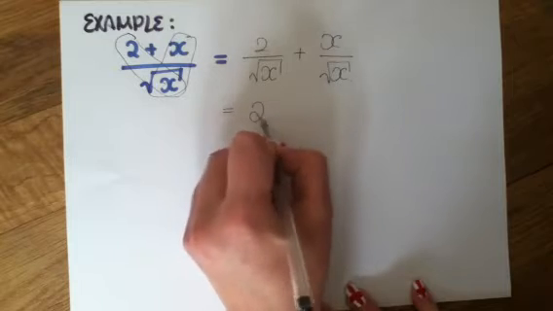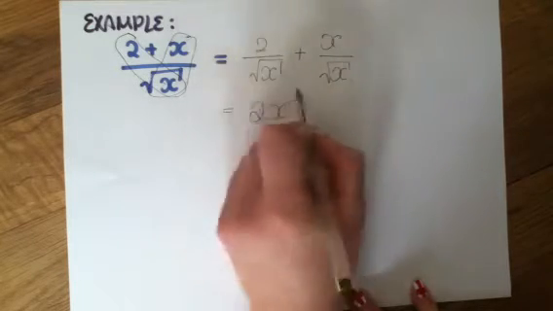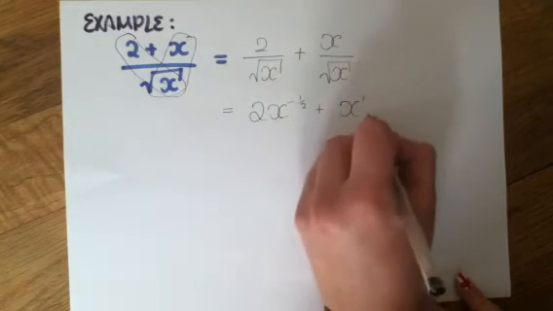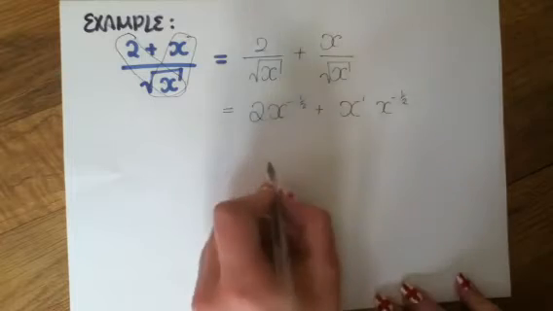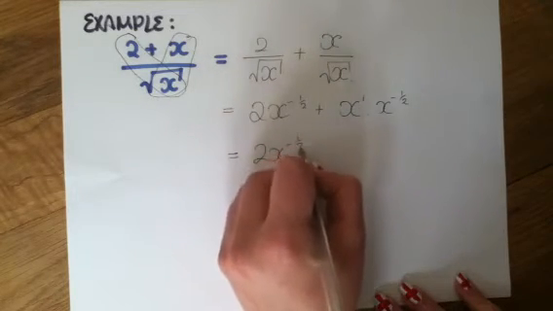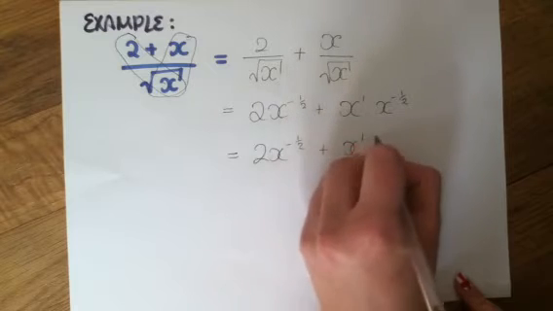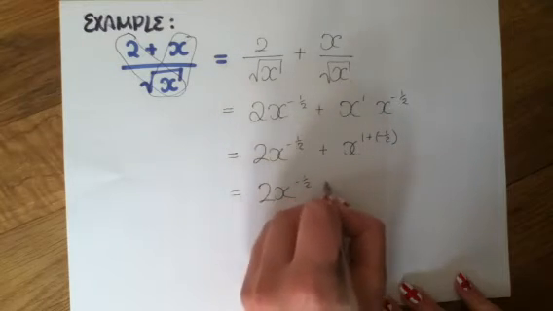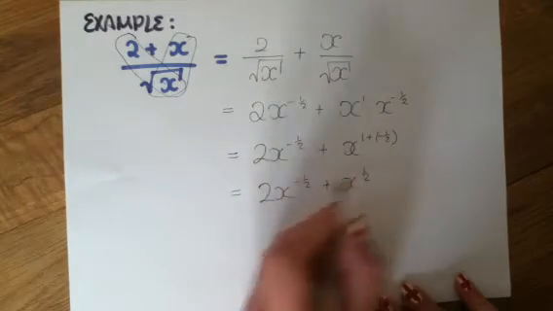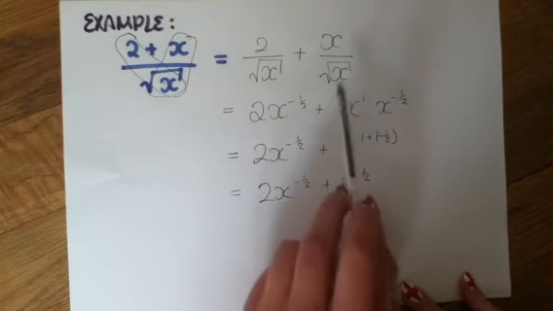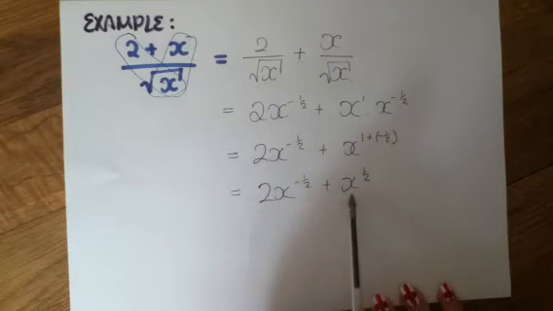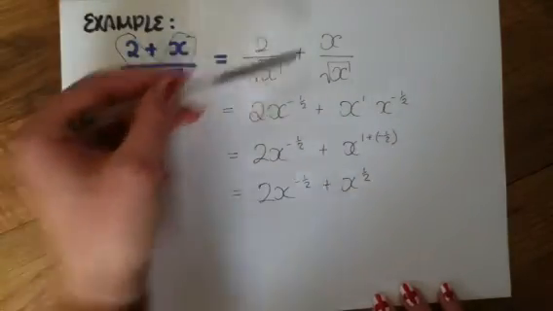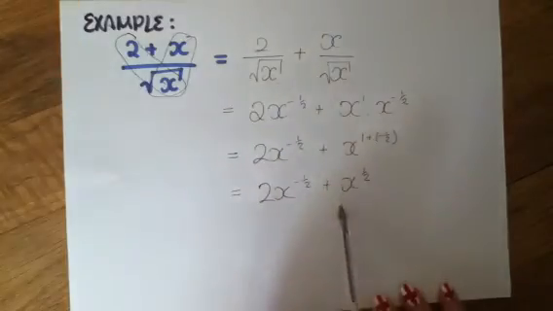And this is equal to 2x to the minus half plus x to the 1 times x to the minus 1 half, which is 2x to the minus 1 half plus x to the 1 plus minus 1 half, which is of course 2x to the minus a half plus x to the half. If any of this was confusing, check out videos 1 and 2. This goes through this in a much slower and simpler form. We use the sliding method here, although I didn't put the step in, and in here we used the powers of indices to get to the answer.